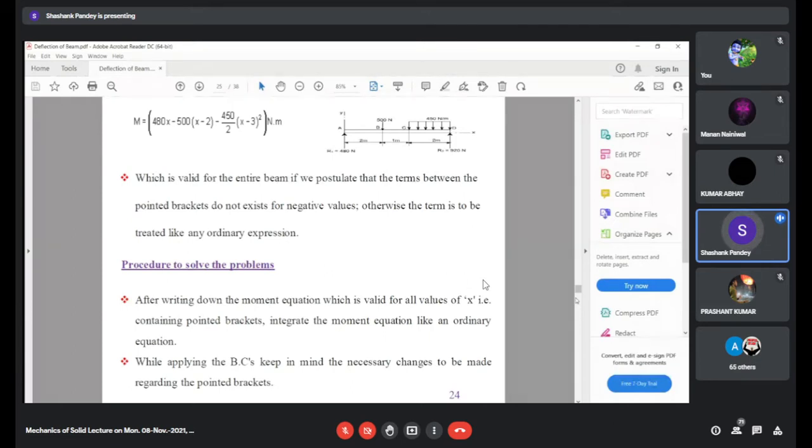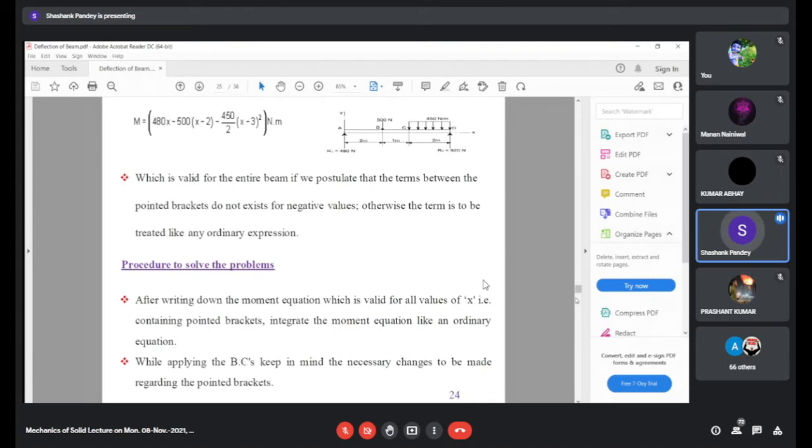But this equation is not valid in case you have loading between A and B. If you consider only portion A to B, the terms in brackets will be neglected, that is, x minus 2 will be neglected and x minus 3 will be neglected. If you consider the loading between B and C, then only x minus 3 will be neglected. We will consider x minus 2 in this moment equation. So this is all about the Macaulay method. We will solve some examples based on this.